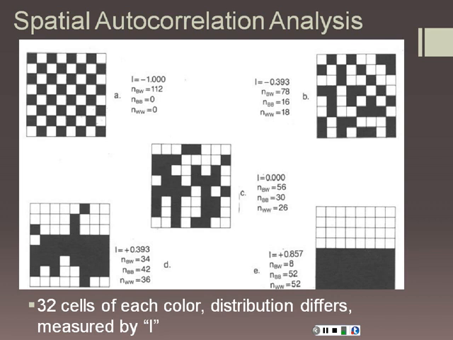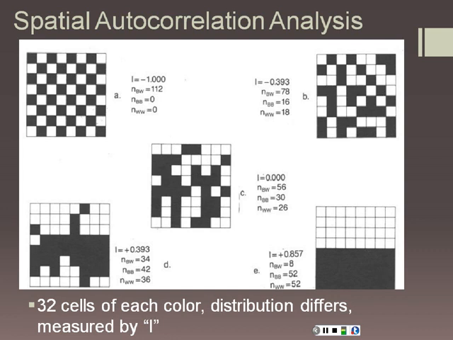So anyway, you have 32 cells. They're differentiated by color, right? And distribution differs. What are we looking at here? If you get to this side, your opponent has to king you. Right?